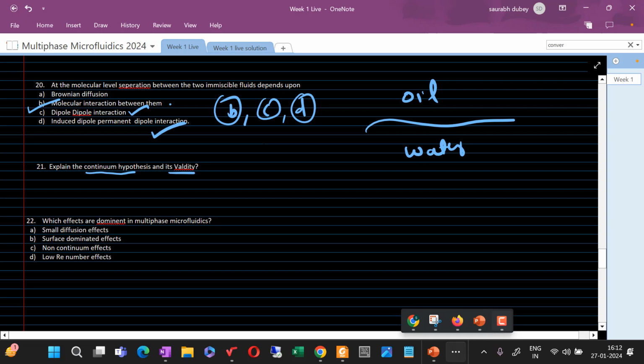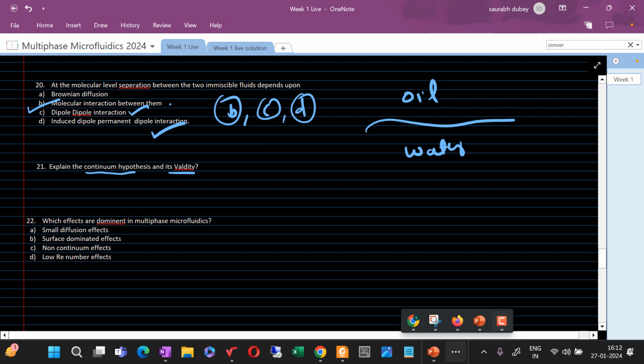Dipoles only come if the fluid we're talking about is polar. Oil does not necessarily need to be polar, it depends, but it can be polar. Water is anyway polar. Oil can also be polar.